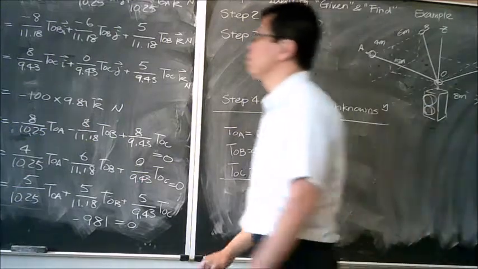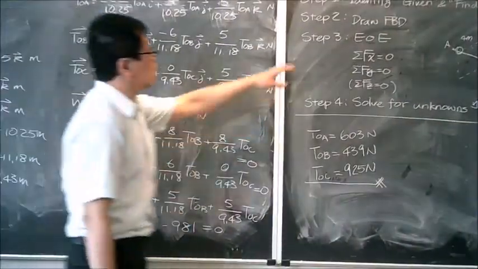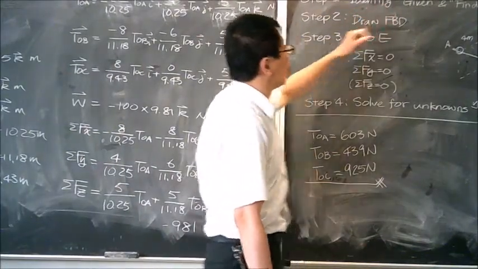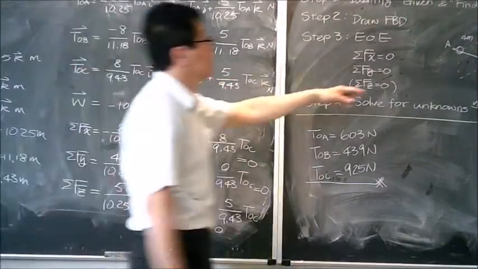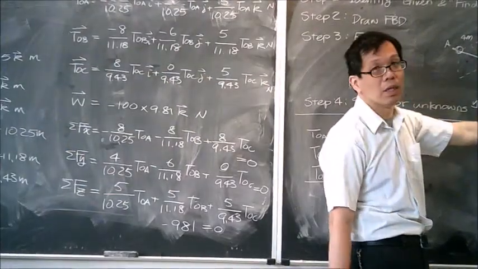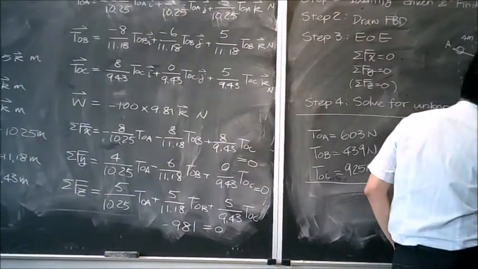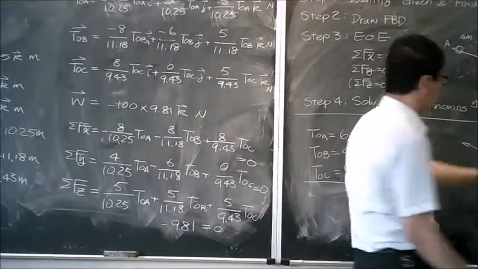So in this specific problem, it's a longer process than this one. The first thing we need to do is to identify what is given and what needs to be found. In this problem, we know the force over here, so you can draw the free-body diagram. And we know tension is like this.